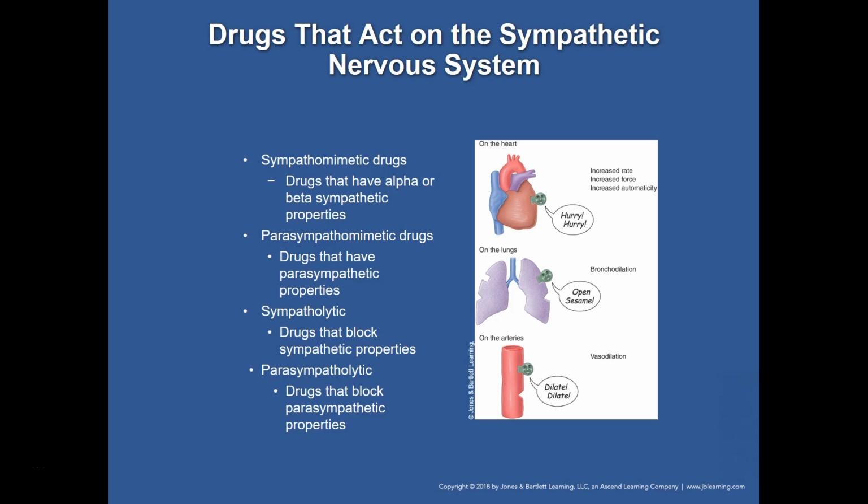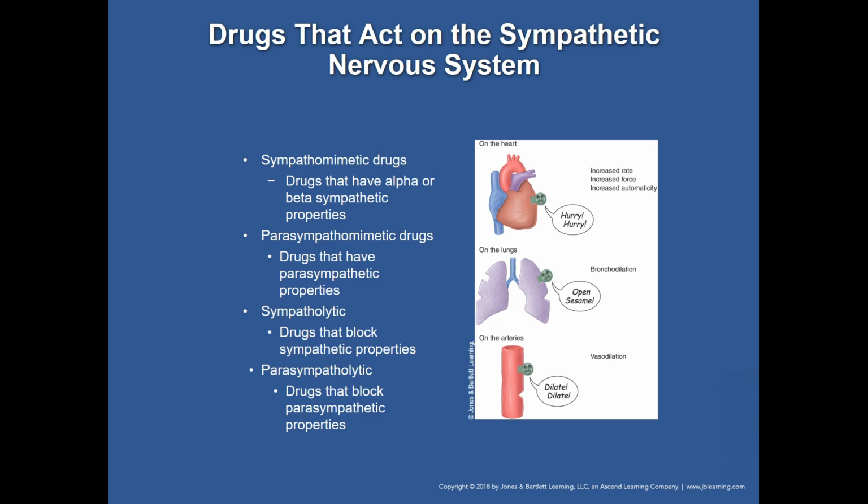So you can see this can get very confusing and very complicated, but if you think about it in terms of medical terminology and you look at sympathomimetic, then we're talking about the sympathetic nervous system and something that mimics the sympathetic nervous system. So that's a drug that we would expect to have sympathetic nervous system responses.